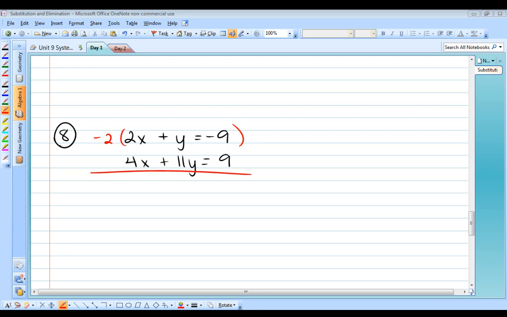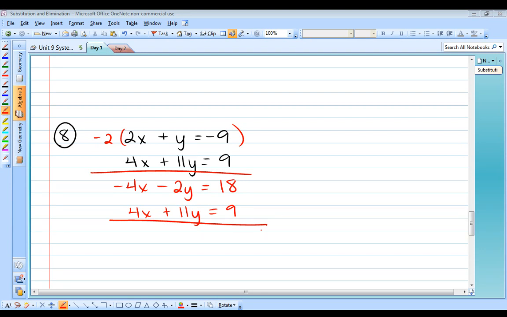All right, draw my line, and then I'm going to distribute a negative 2 to all 3 terms. What is negative 2 times 2x? And then negative 2 times y? And negative 2 times negative 9? A positive 18. And then my bottom row is not changing, so I'm copying that right now.